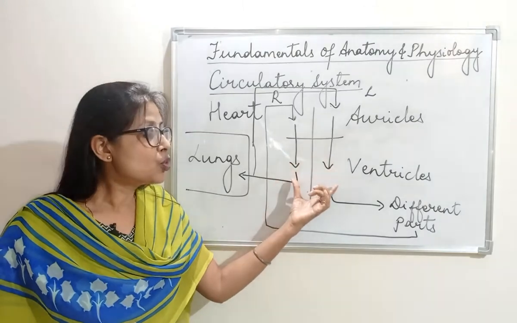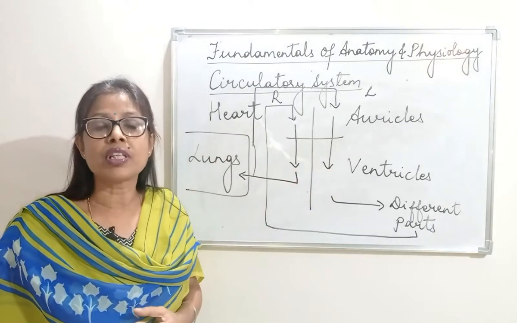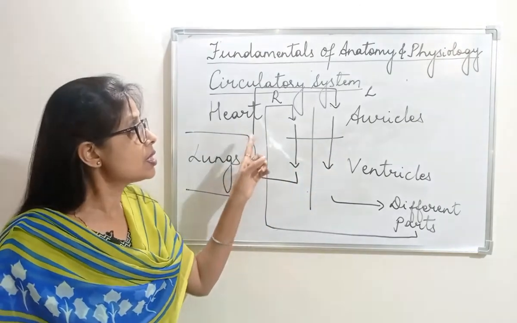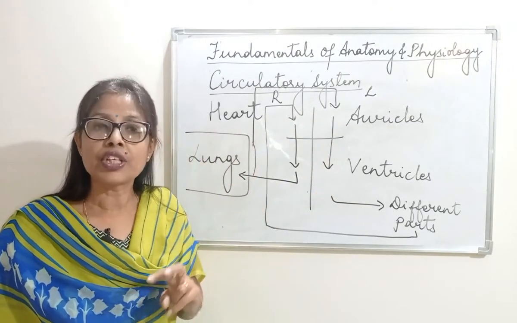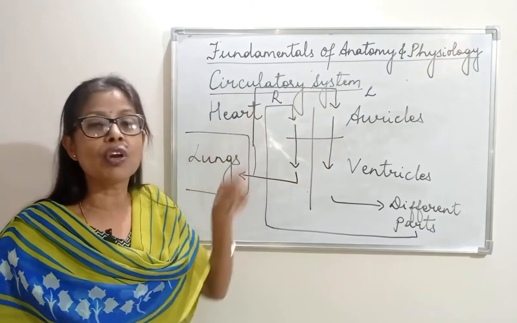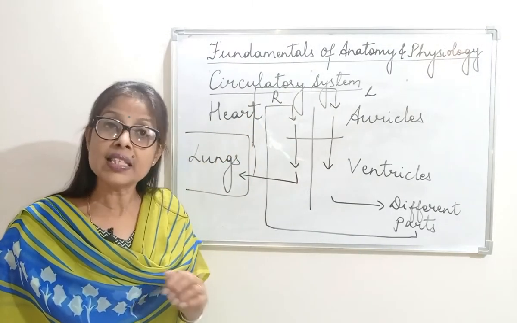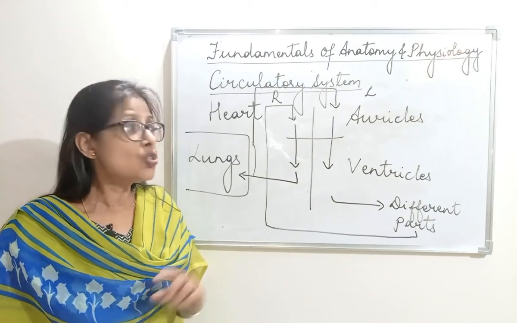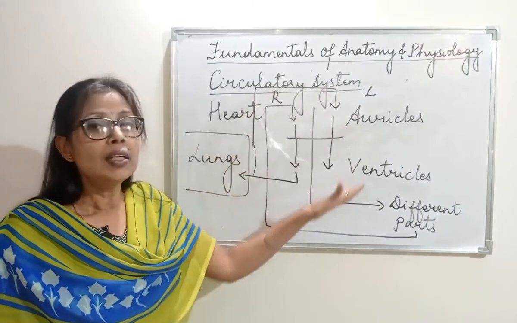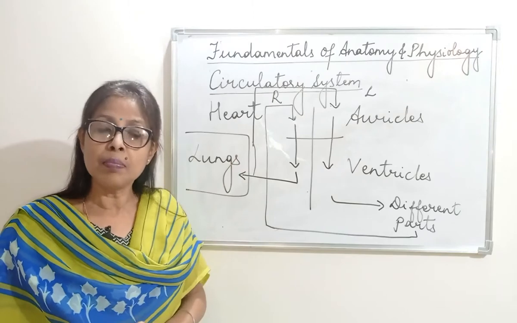So, to make the body temperature remain constant, there needs to be two times entry of the blood, and this is called double circulation. So this is how the heart pumps the blood.